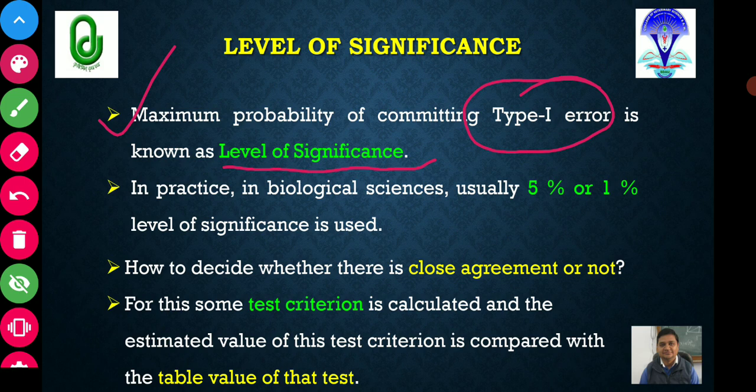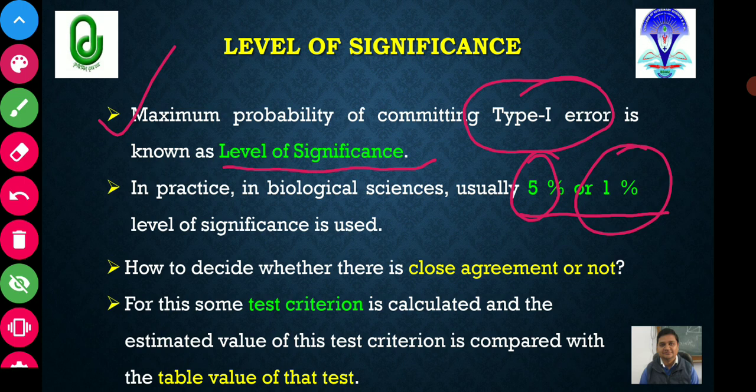And in practice, in biological sciences, we usually fix the level of significance at 5% or 1%. So what is 5% and 1%? Just remember this, note here 5% and 1%. We will be discussing it in later slides.